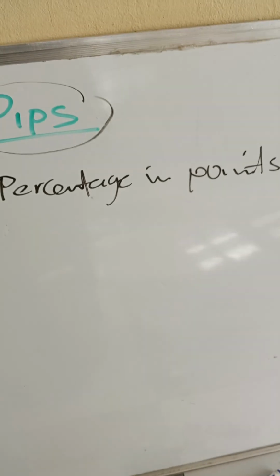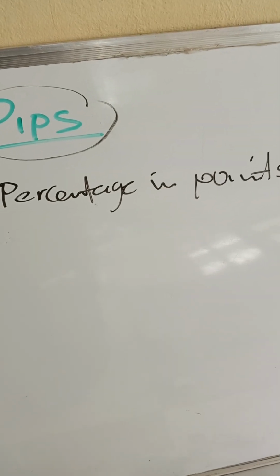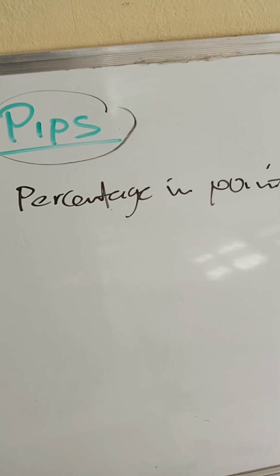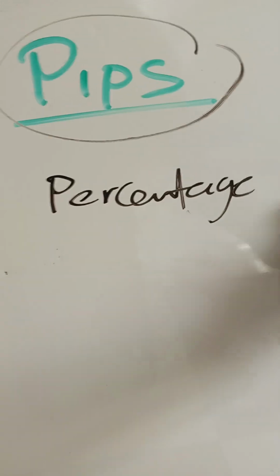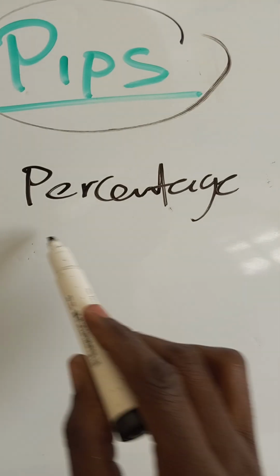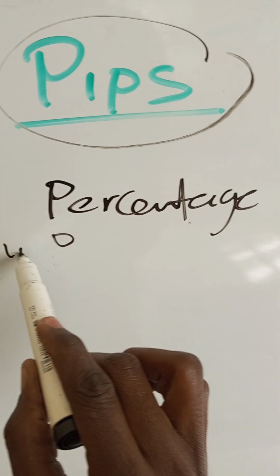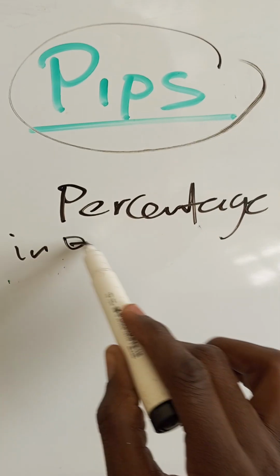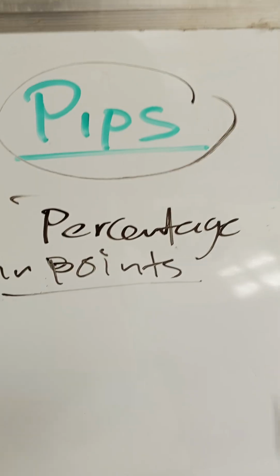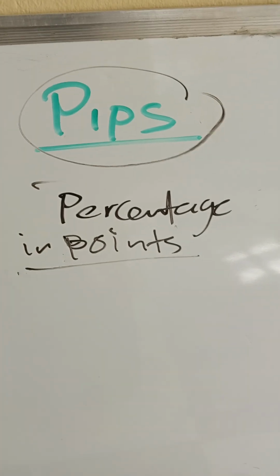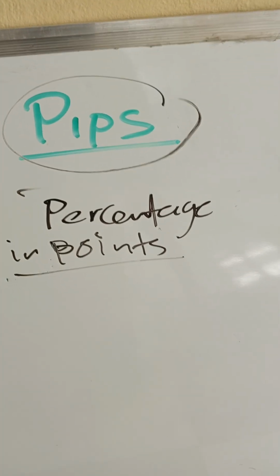So that's the definition of pip. Let me just write it here. So this is a pip, guys. So in case someone asks you to define a pip, that's a pip.